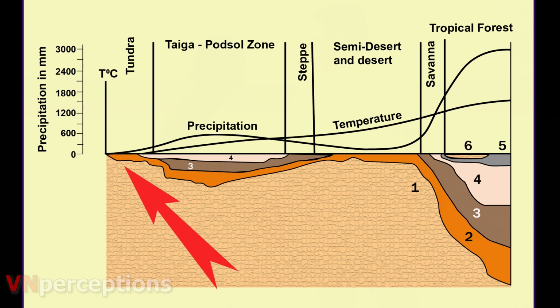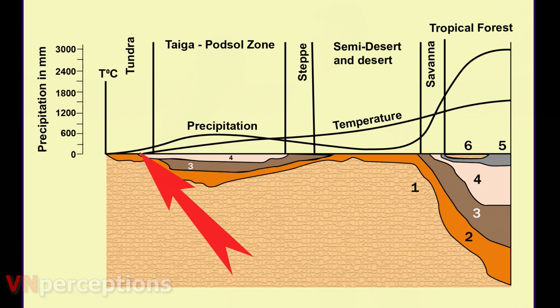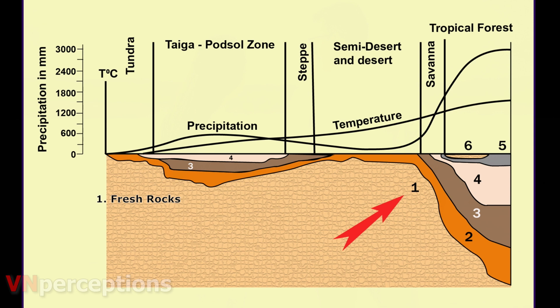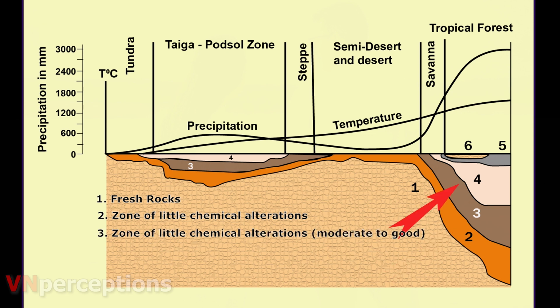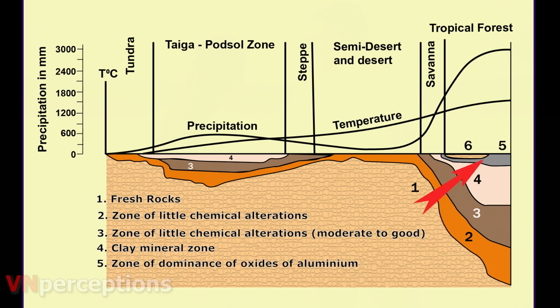Now, if you look at the diagram closely, you will understand that at the bottom we have fresh rocks, and above that we have a zone of little chemical alterations. Then the third zone is a zone of moderate to good chemical alterations. The fourth zone is the clay mineral zone. The fifth is a zone of dominance of oxides and aluminium.